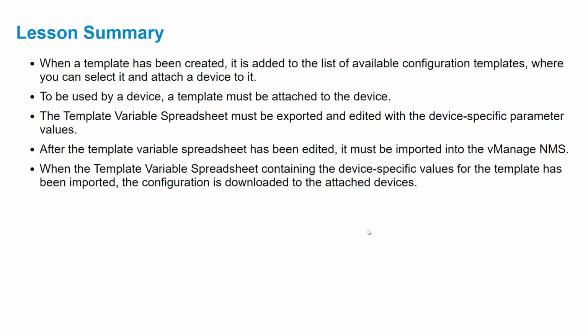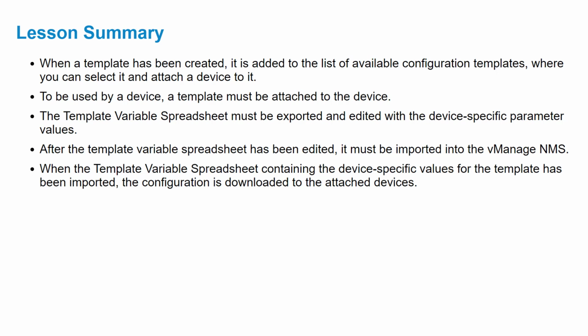With the feature templates specifically, that's where most of the work is, and then creating your individual device templates. If you think about it, you're probably only going to have maybe 5 or 6 different device types in your entire enterprise: a vEdge cloud, a vEdge router, maybe a couple of different models of vEdge routers, vSmart controllers, and the vBond orchestrators. And that's pretty much it, and vManage, of course.